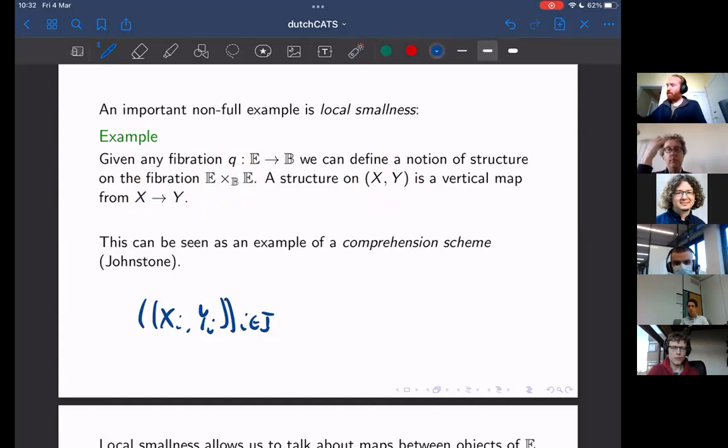So I think this is a good chance to introduce some notation I'm going to refer to later. I write vertical maps as VE.